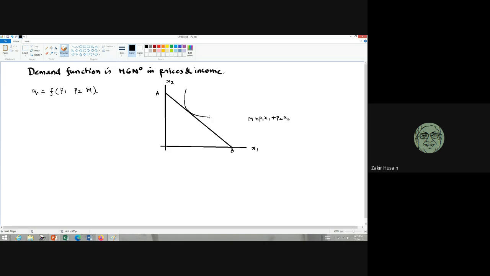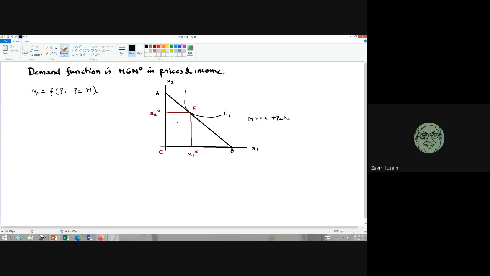So we have, let us say, some utility U1. This is the amount of x2 that you will consume, and this is the amount of x1 that you are going to consume. This is the equilibrium, right?